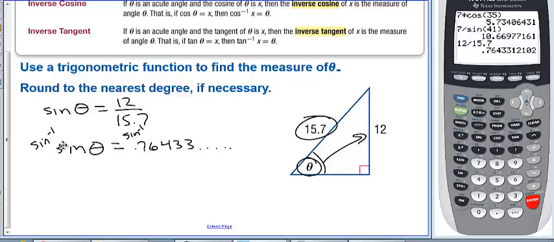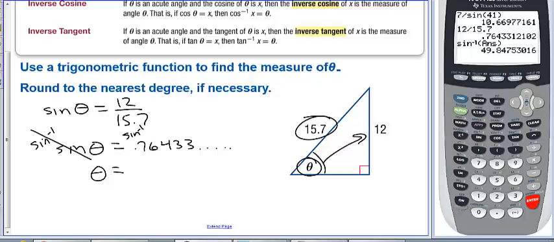Now, before we had reciprocal. That's much different than inverse sine. So now these cancel each other out, and so theta is equal to, let's take the inverse sine, that's the second function of sine, and then we can just do answer. And so we have a 49-degree angle. And we're rounding to the nearest degree, so it's really 50 degrees.